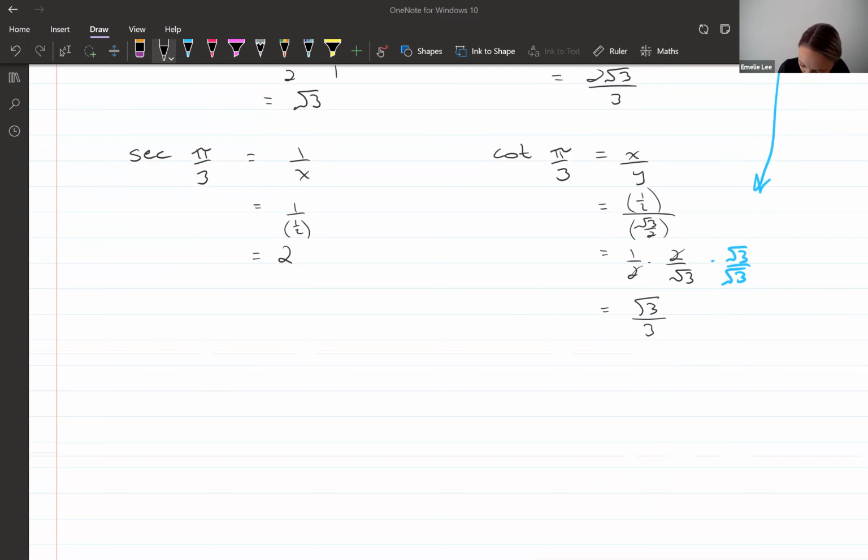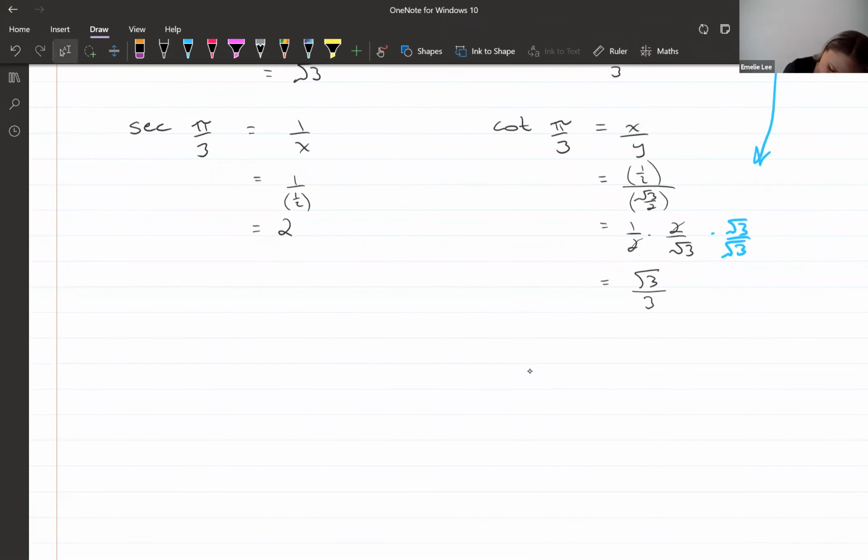Well, you look at what you want to move upstairs, and then you just take that thing and put root 3 over root 3, or whatever root you have, over itself.